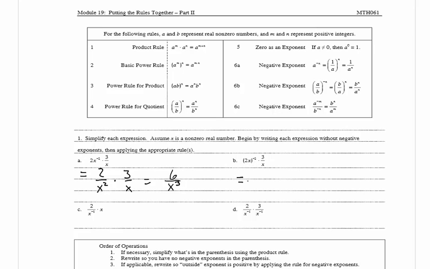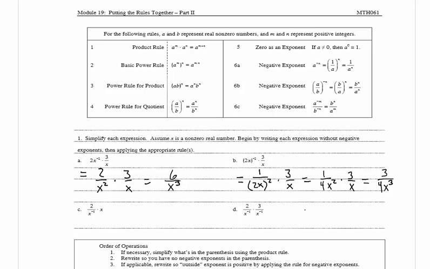So we're going to rewrite it first with a positive exponent, and this is equal to 1 over 2x squared times 3 over x, and this is equal to, now 1 over 2x squared can be written as 1 over 4x squared, and then we have times 3 over x, and this is equal to 1 times 3 is 3, and 4x squared times x is equal to 4x cubed.